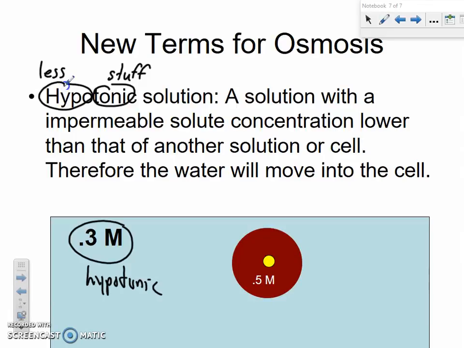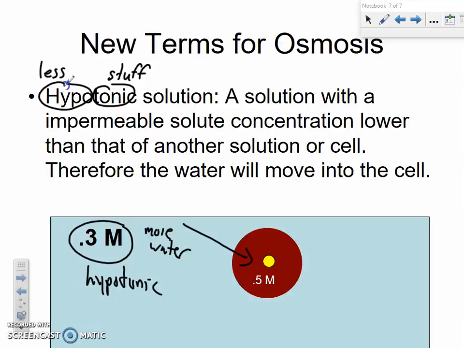Okay. Now, if there's less stuff, what that means is that there's more water out here. So when a cell is placed in a hypotonic solution, water moves into the cell. In animal cells, this causes the cell to either swell, or if it's really, really hypotonic, it causes it to explode.